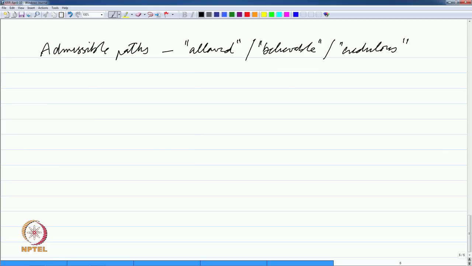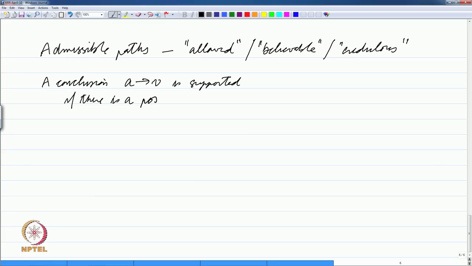So, we say that a conclusion A V is supported if there is a positive path A dot x 1 dot x 2 x n dot v, which is admissible.